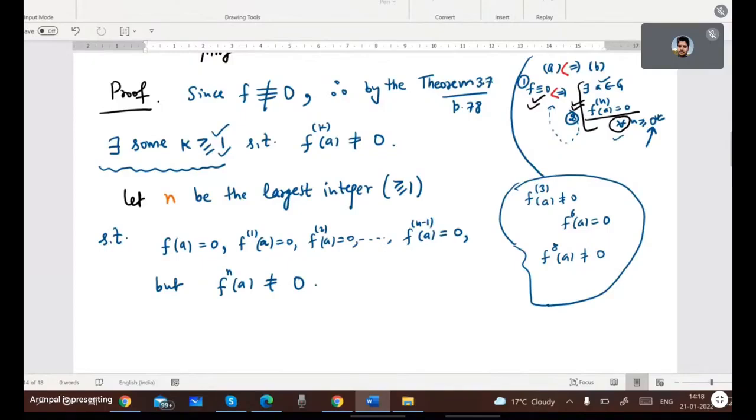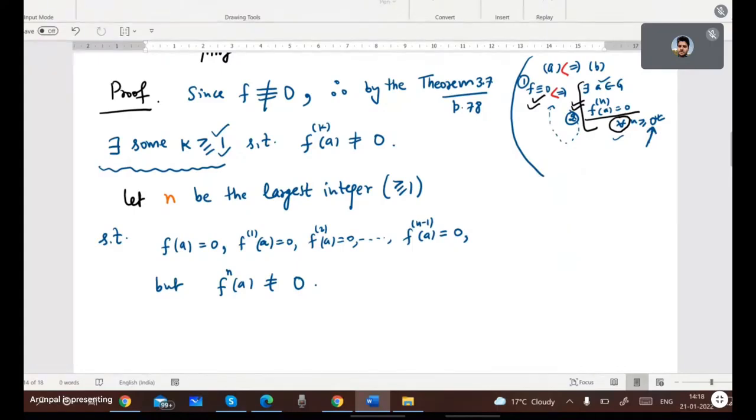You forget about the others. So we locate that n, the largest n, where we get that the derivative is non-zero. Is this okay, class?